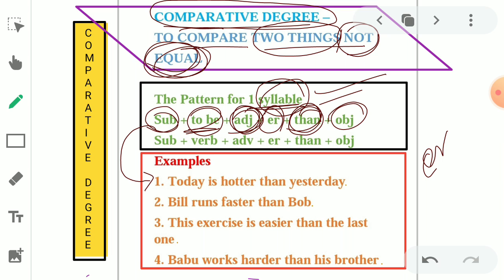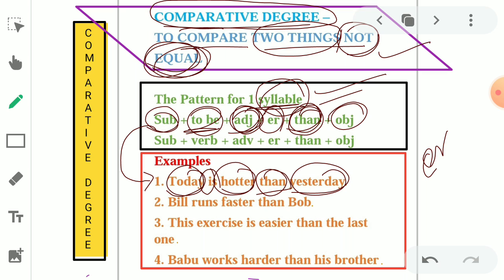Look at the first sentence. Today is subject, is to be form, hotter. Here hot is an adjective. Hot plus er, and one more t is extra, and you'll come to know about that next. Then than is compulsory when there is a comparative form: yesterday. See, what you are understanding from the definition is that it compares two things that are not equal.